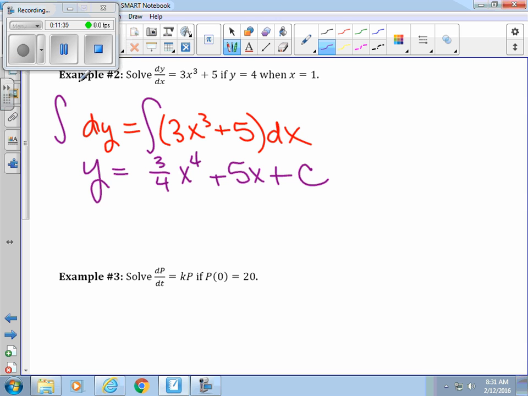So, step 1, 2, what's step 3? Find C. X is 1 when y is 4. Negative 1 3/4.